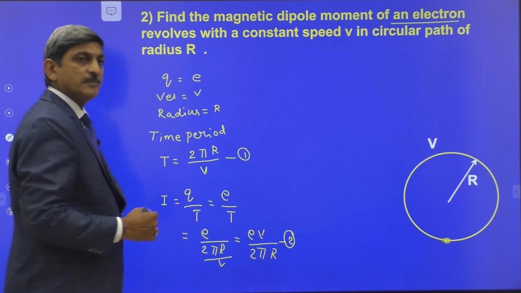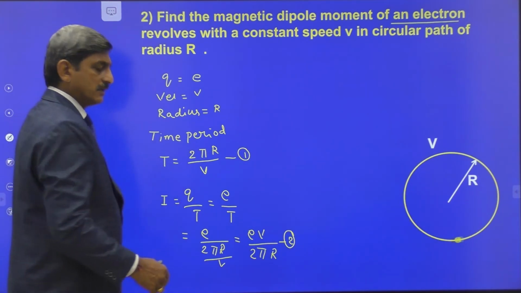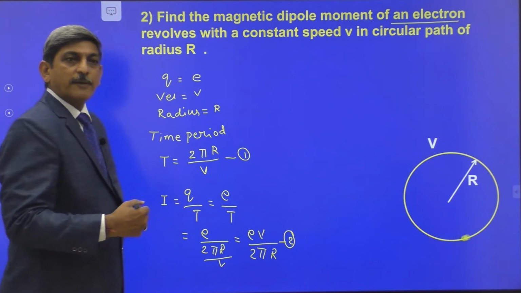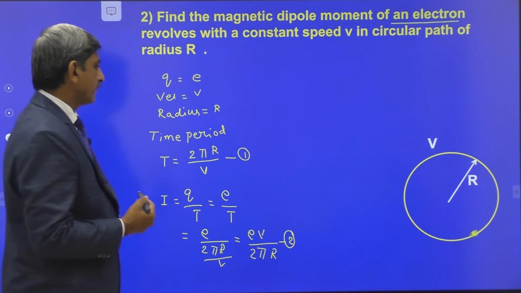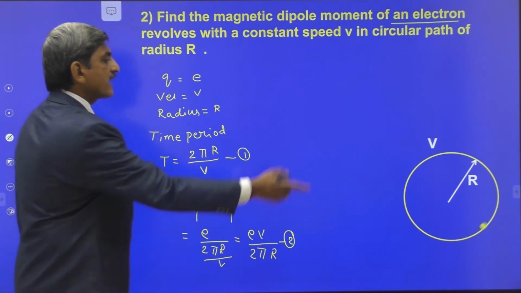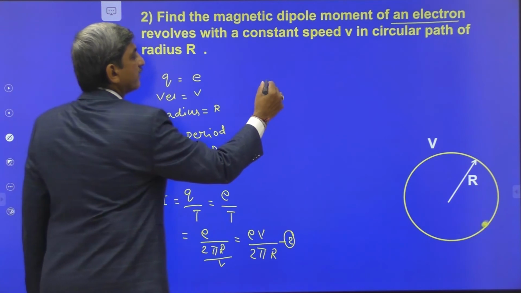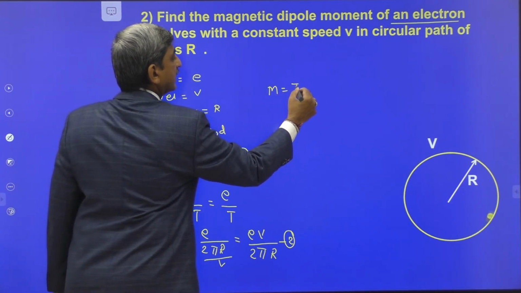Okay, in the first step I obtained the time period of the electron. After that I obtained the expression for the current equivalent of the electron. Now by knowing the current equivalent of the electron, the magnetic moment of the revolving electron can be determined by the formula M is equal to IA.